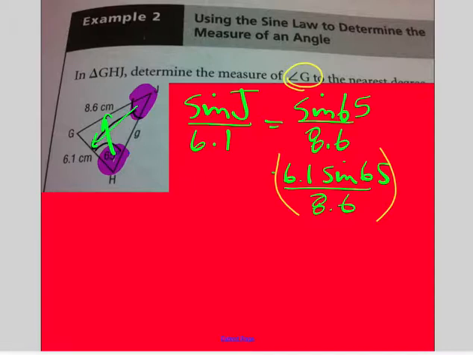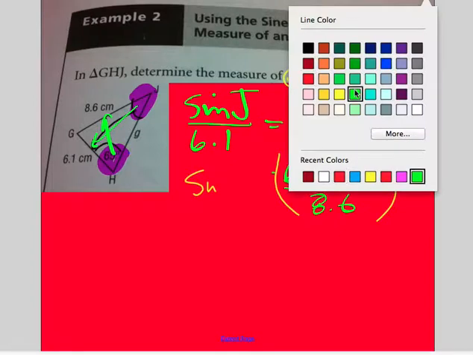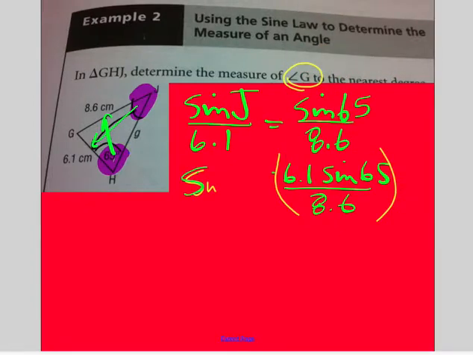I'm going to replace sine of j equals with just j. J is the sine to the -1 of that.